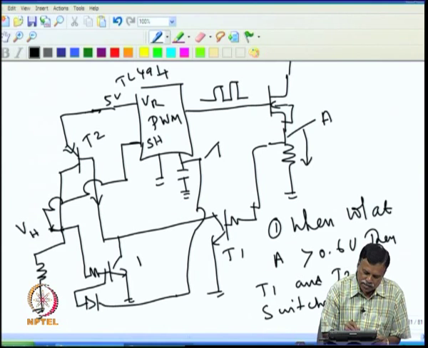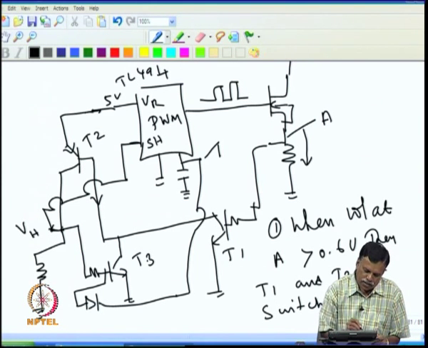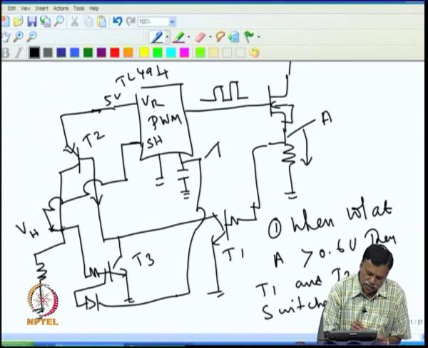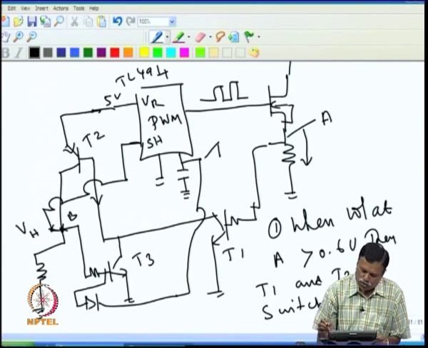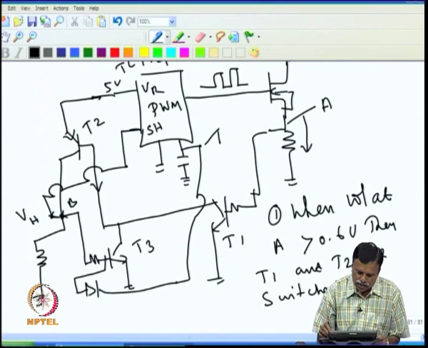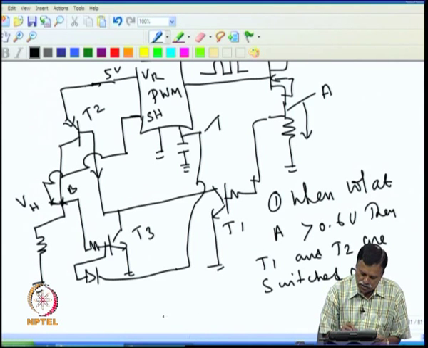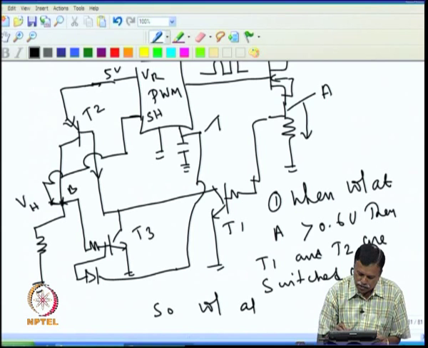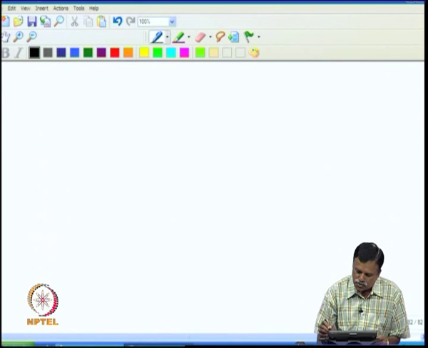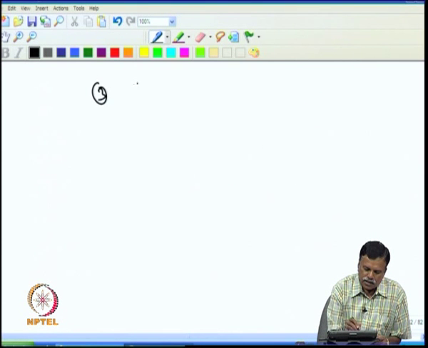And we name this as T3. This we call point B. Once T2 is on, then you will get a voltage at point B. So voltage appears at B. This switches on T3.